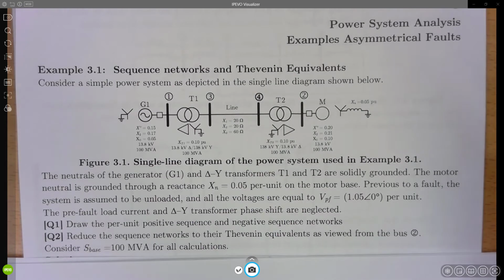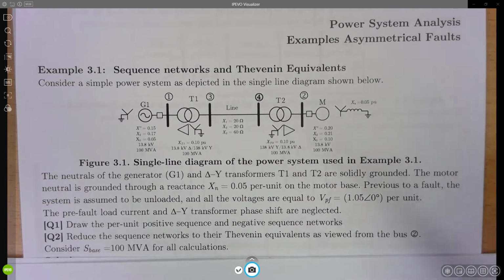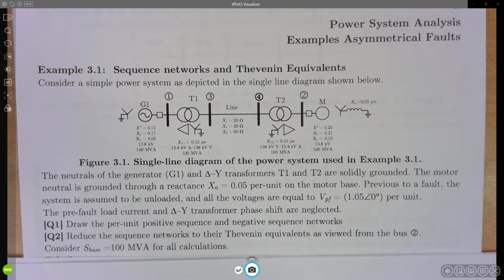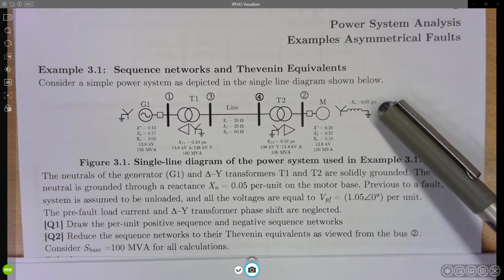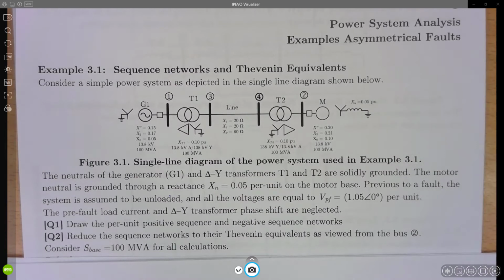I mean, there is zero impedance between the neutral point and ground. The other thing you can see is that the motor is connected between the neutral point and ground through a reactance, which we assume is 0.05 per unit on the base data coming from the nameplate of that motor.